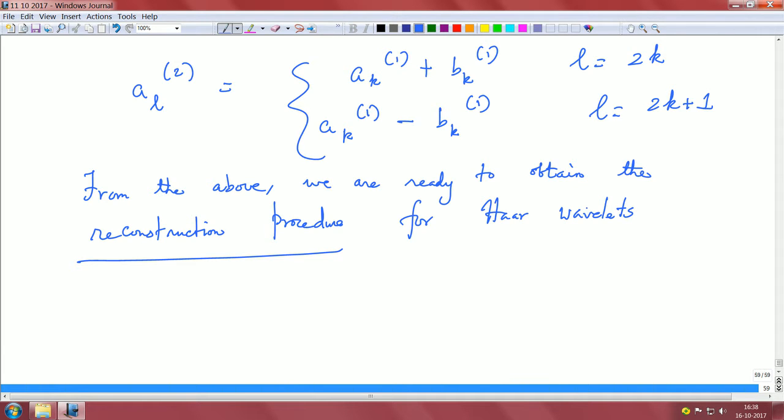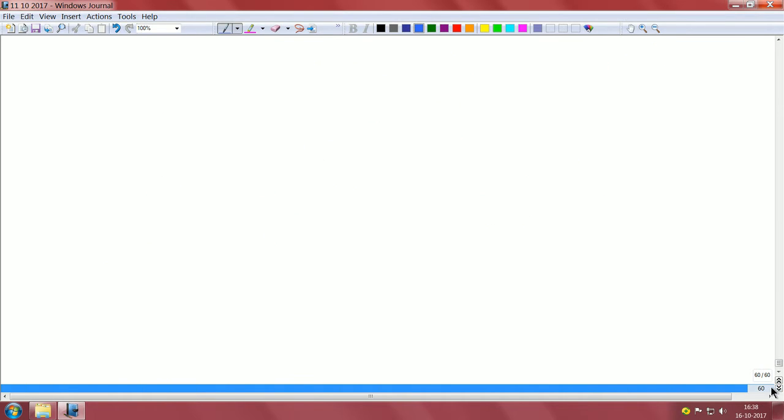We are ready to obtain the reconstruction procedure and this can be summarized more formally, and I will state this as a theorem.